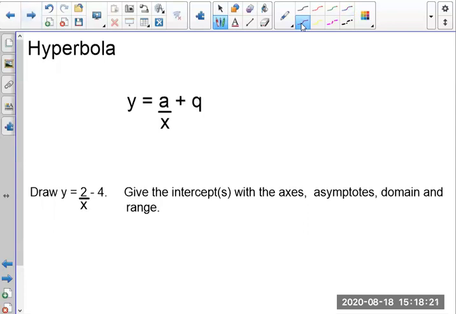Now, the a gives me the shape again. I'm going to do that thoroughly, because if you have that incorrect, then everything is incorrect. Say I have y equals positive 3 over x, and I have y equals minus 3 over x, because that's where the difference comes in.